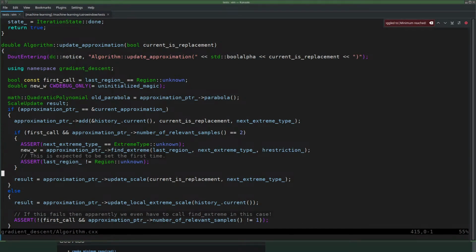Yeah, and then update skill happens afterwards. And then this is what is happening in between. Which is the call to find extreme. What? No. Okay, well, find extreme. Oh, I guess find extreme must happen before the call to update skill then.